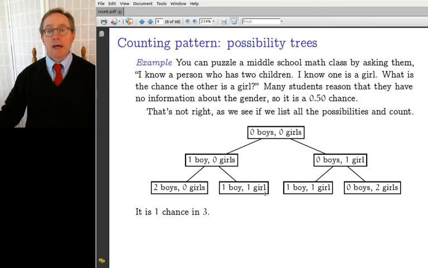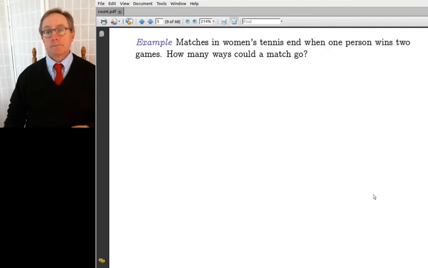Then you see that the possibility the other one's a boy is 2 out of 3. So the possibility they're both girls is 1 out of 3. So again, there's this sense of wariness. There's this sense of laying it out carefully and making sure to enumerate all the possibilities. And these trees are our main tool for enumerating all the possibilities.